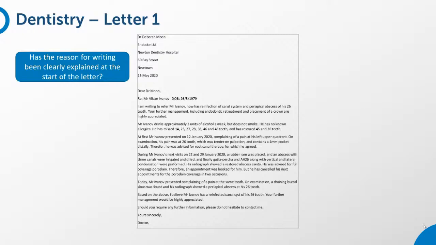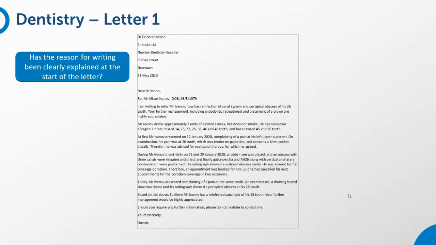So the poll question is coming through on the chat now. We're focusing specifically on the first paragraph and whether this has been made clearly and briefly explained at the start.